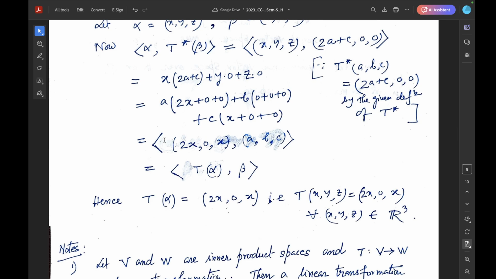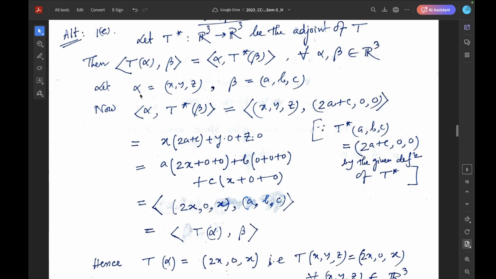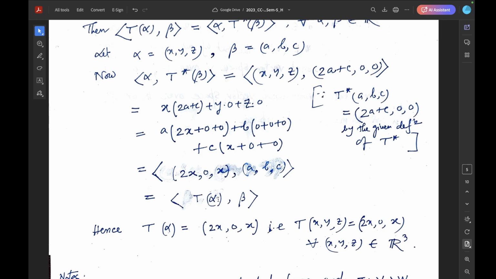So we can write the inner product of (2x, 0, x) and (a, b, c). So this is the T alpha by the definition of adjoint, and this is the beta. Actually, alpha is (x, y, z), so T alpha is this.